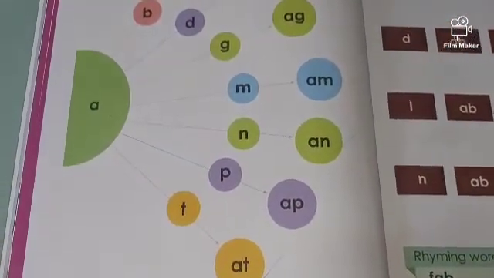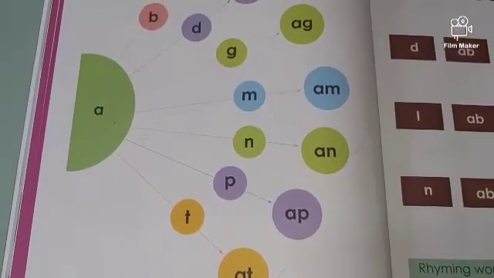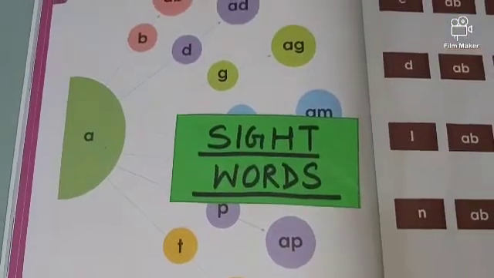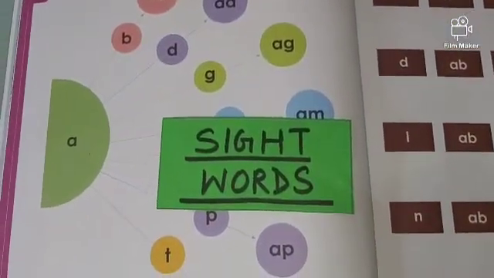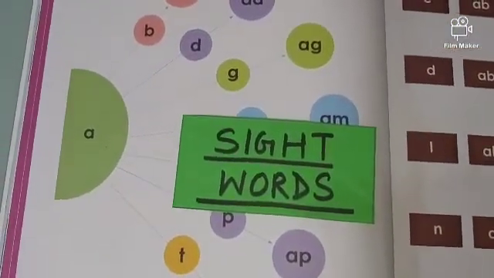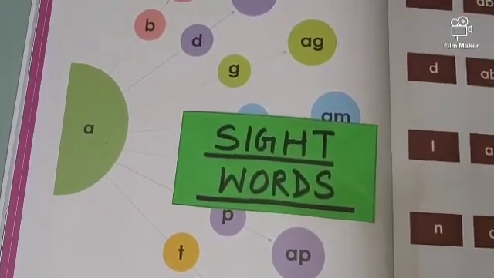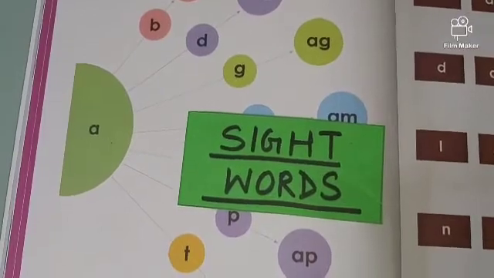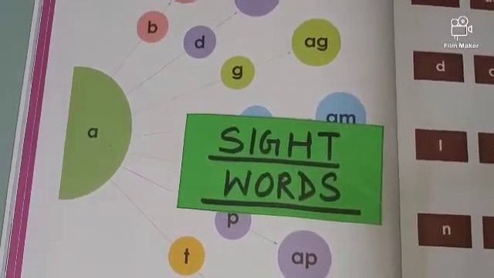What are these? You remember I taught you sight words? Yes, these are sight words. Sight words we have studied earlier. What are sight words? Come on, quickly tell me. Sight words are those words that help us to read and write sentences easily.